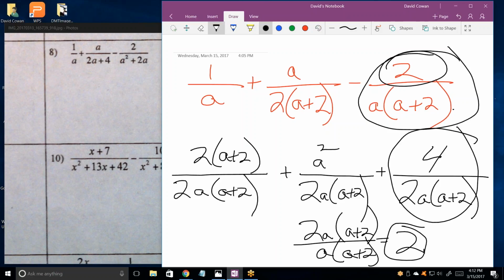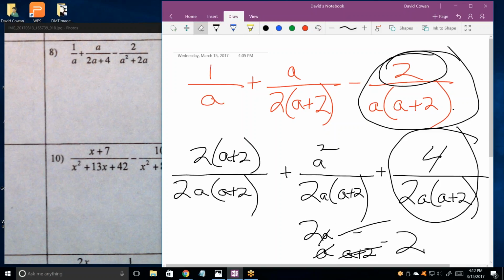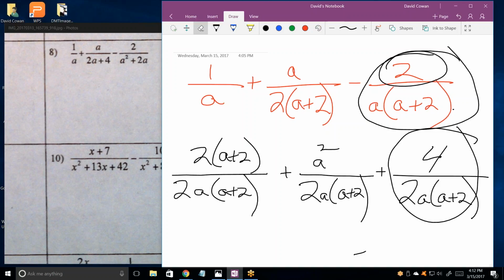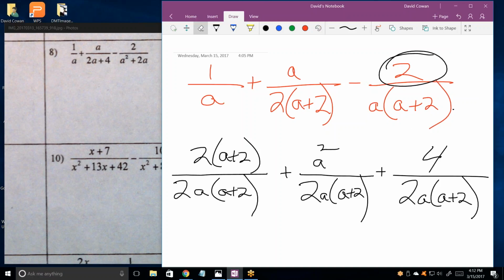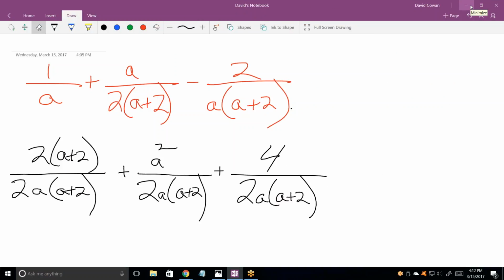Because that cancels with that cancels with that, I'm left with 2, but I do have to multiply the existing numerator by that answer. But the key thing is when you're done, make sure that each fraction you have written is exactly the same as it started. Now, let's simplify it.